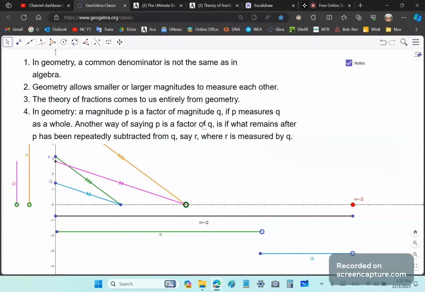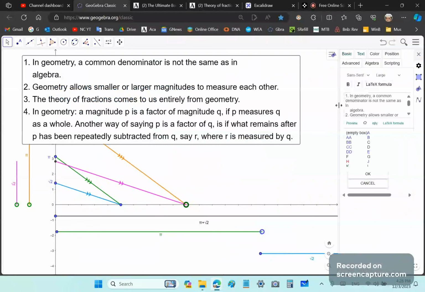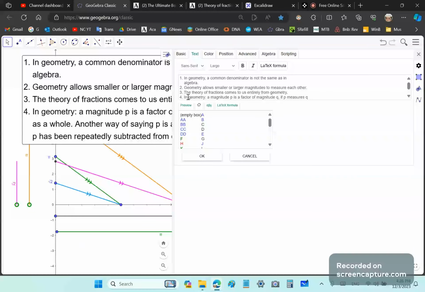So what I should have said there is that, let's see if I can correct it now. I said another way of saying P is a factor of PQ. Okay, so P is a factor of the magnitude PQ if P measures PQ as a whole.